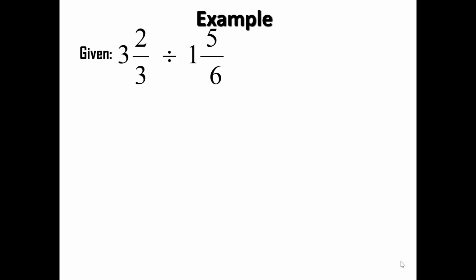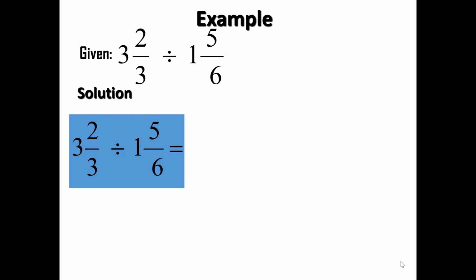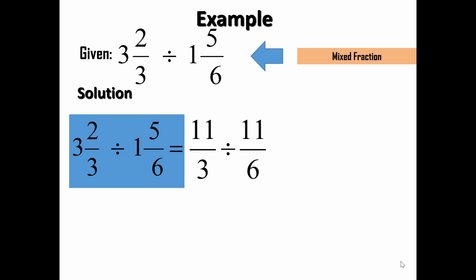Okay. 3 and 2/3 divided by 1 and 5/6. Papansin natin doon sa given, pareho ay yung dividend and divisor natin ay mixed fraction. Ngayon, change natin yun sa improper fraction. So, napakita na natin kanina kung paano.